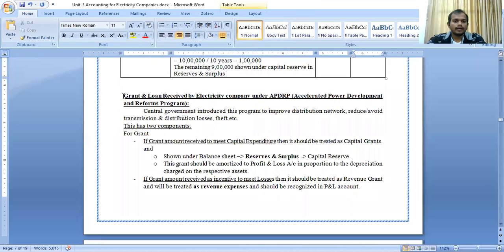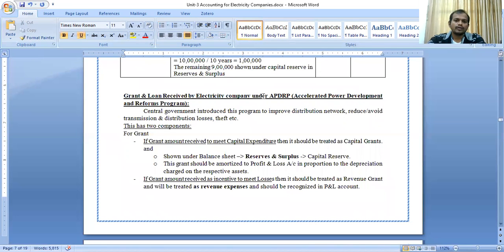Another one is grant and loan received by an electricity company under APDRP. APDRP is a government program. It improves the distribution network and reduces distribution losses, transmission losses or theft.